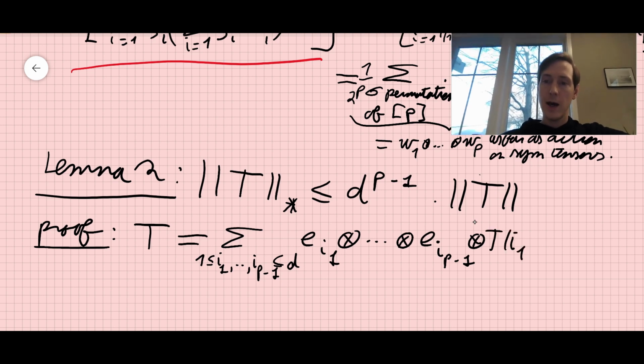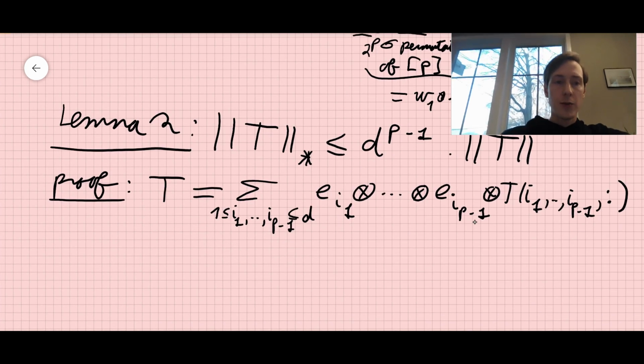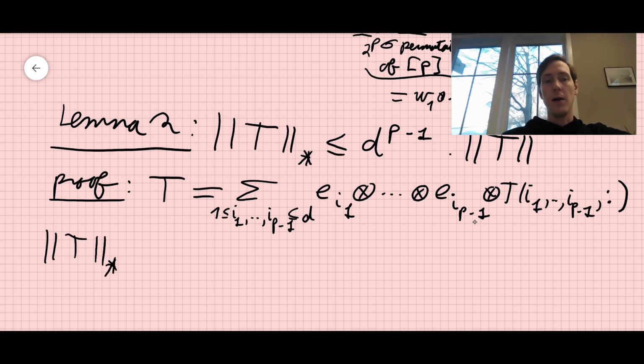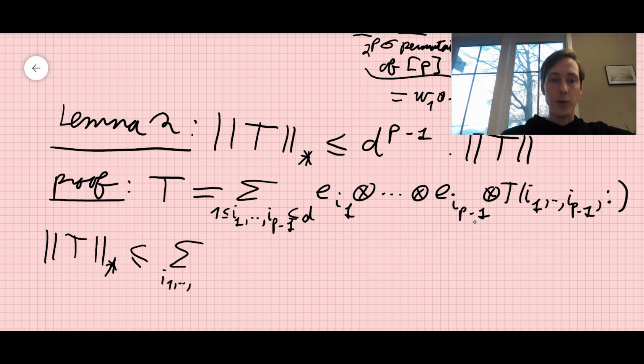So this is T I1 up to IP minus 1, and this is a vector when I leave the last coordinate unspecified. So the norm star of T, by the triangle inequality, is smaller than the sum for I1 up to IP minus 1 between 1 and d of the norm star of this product.